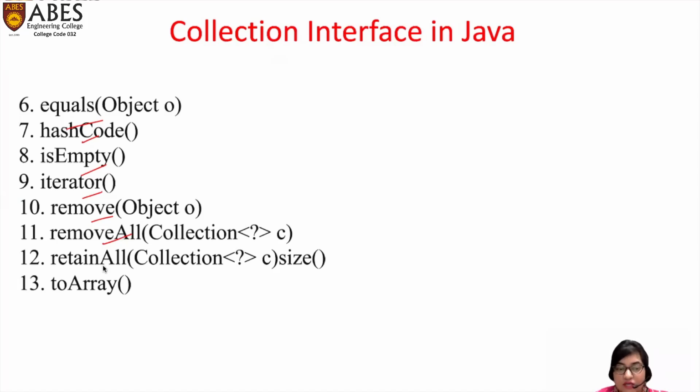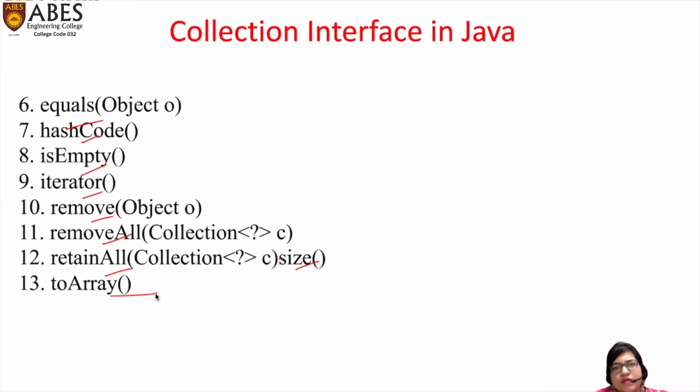Then we have retainAll. With the help of the retainAll method, it retains only the elements in the collection that are also contained in the specified collection. Then we have the size method. The size method returns the number of elements in the collection. Then the toArray method. The toArray method returns an array containing all the elements in the collection.